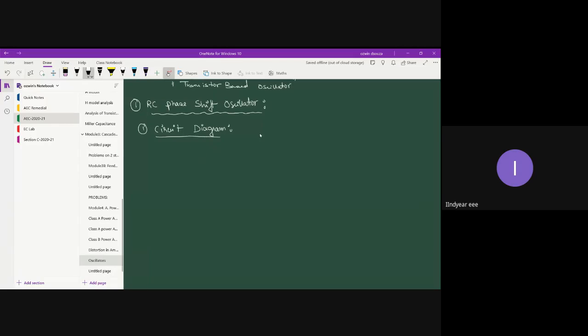In an oscillator circuit, as I have spoken about in the preliminary discussion, there is an amplifier block and a feedback network. The amplifier is an RC coupled amplifier.